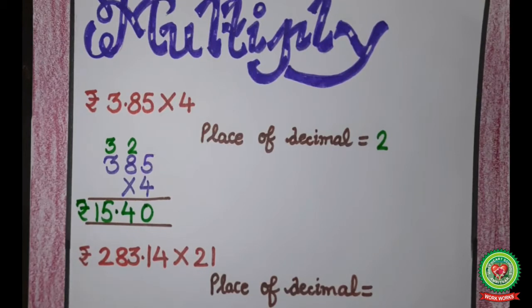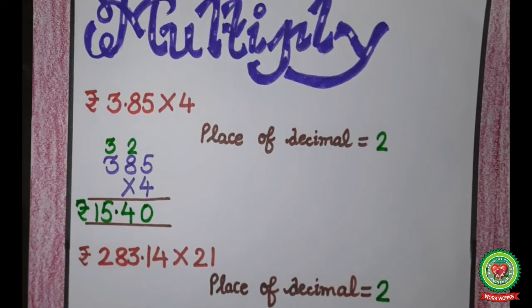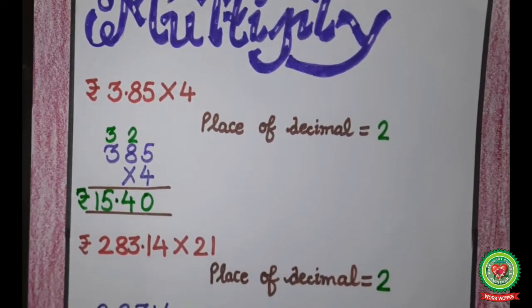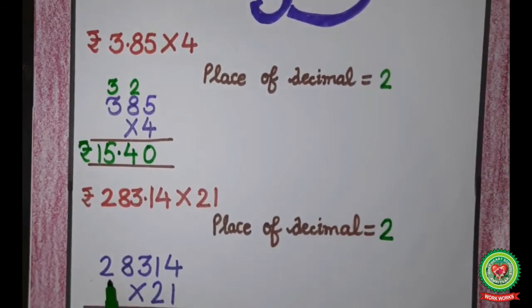How many digits are there after decimal? 1 and 2. So place of decimal is 2. Now this number will become 28,314, whole number. Now let's do multiply by 21.